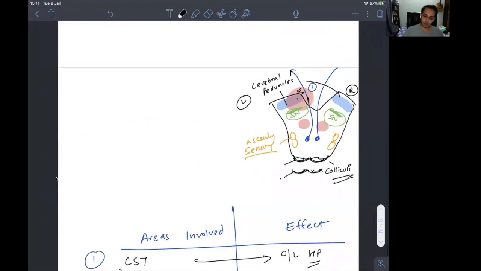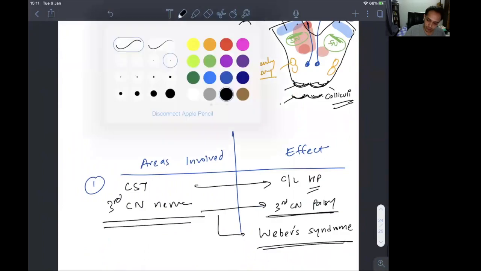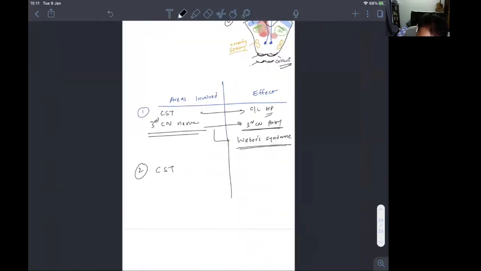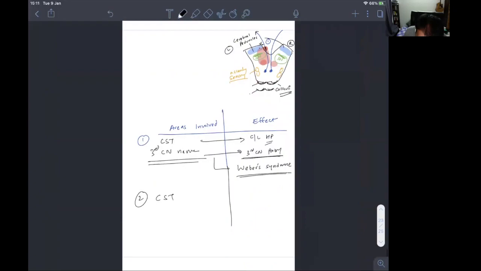What other kind of lesion can there be? There could be a lesion a little bit more posteriorly, say, involving this area. Now what will happen? Here you have involvement of the corticospinal tract, and you also have involvement of your red nucleus.